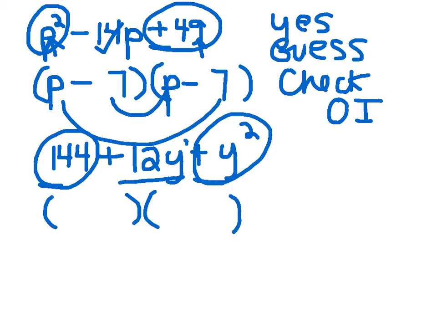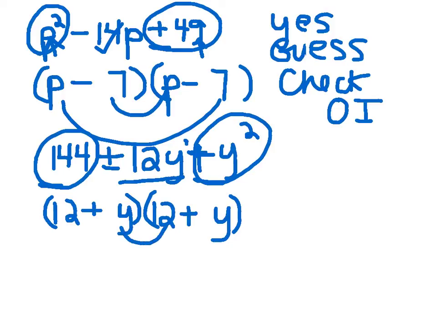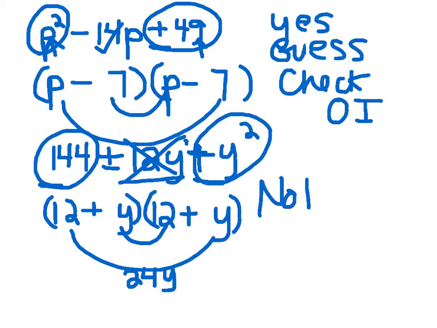So we're going to draw our parentheses. We use the square root of the first term in each of the first places, and the square root of the last term in each of the last places. We put in our signs. They're both plus, because this sign tells us they're the same, and this tells us what they both are. Now we're going to check the O and the I. 12y plus 12y is 24y, not 12y, so it's not a perfect square.